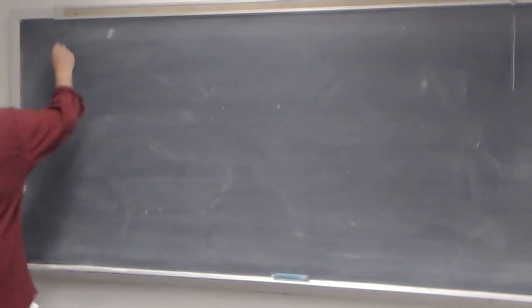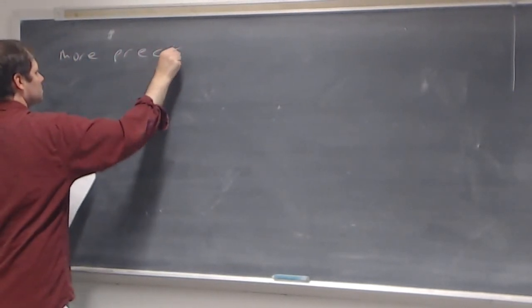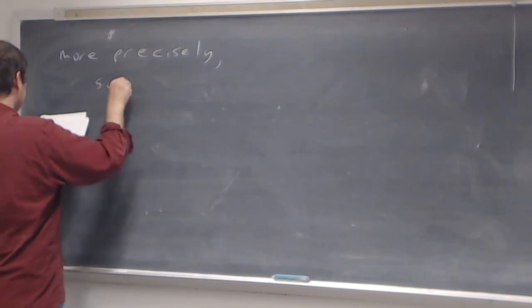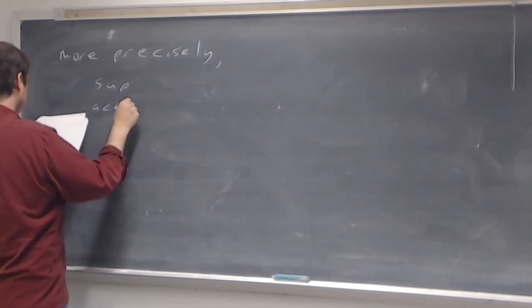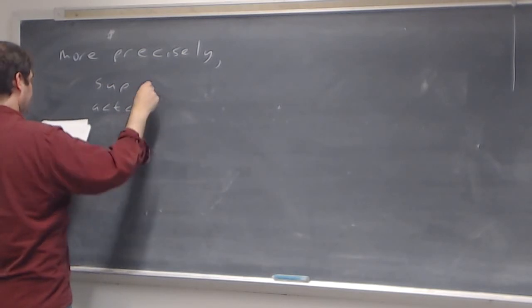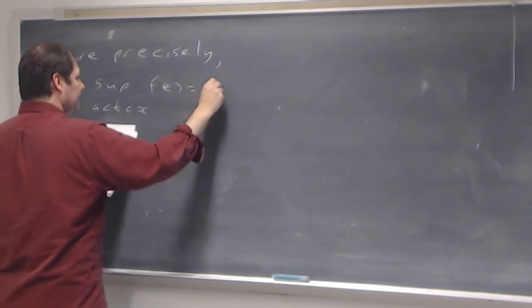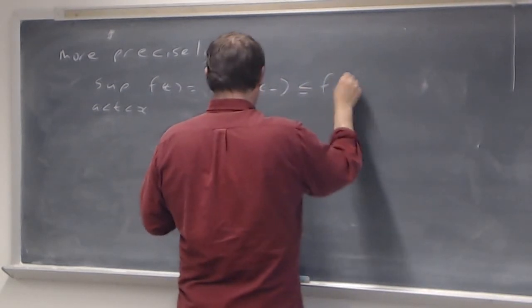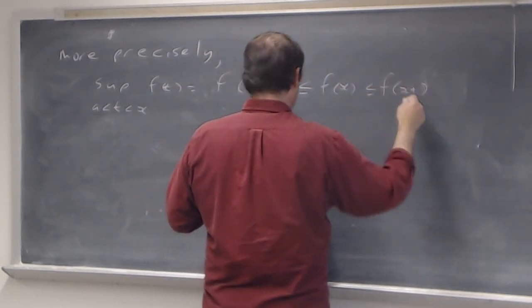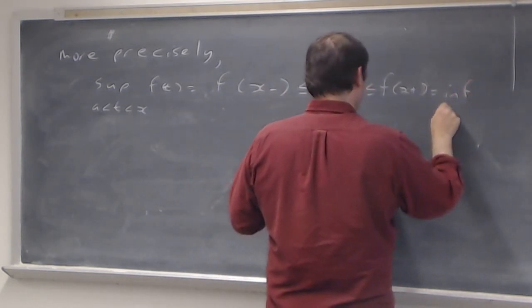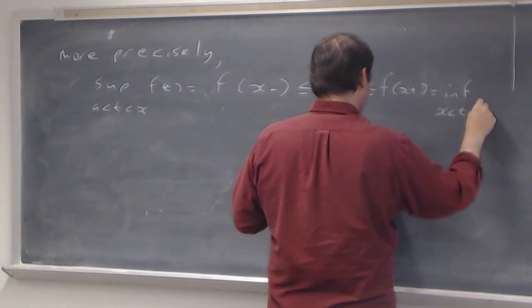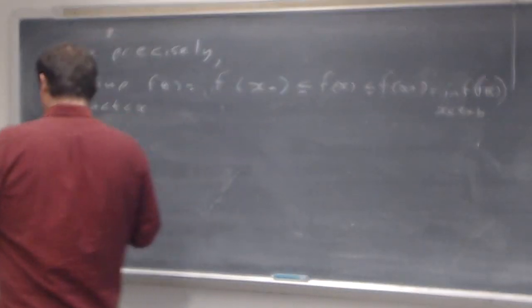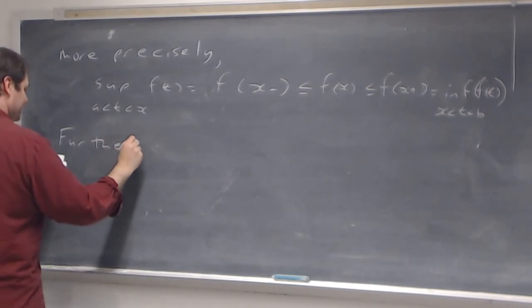More precisely, what we can say is that the sup over all t values, where t is sandwiched between a and x, of f of t, which is the left-hand limit f of x minus, will be less than or equal to f of x, which is less than or equal to f of x plus, the right-hand limit, which equals the inf over all t's bigger than x, but in the interval, of f of t.